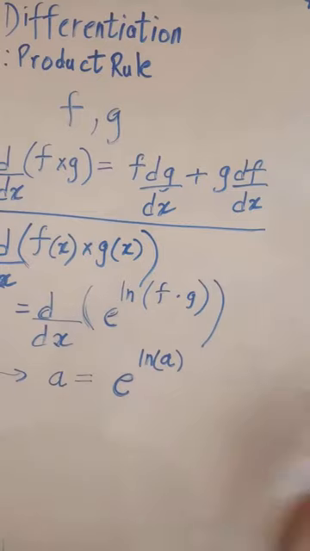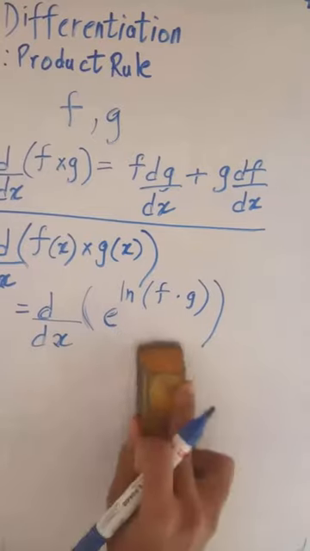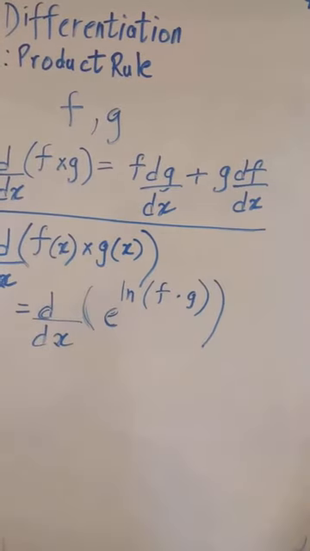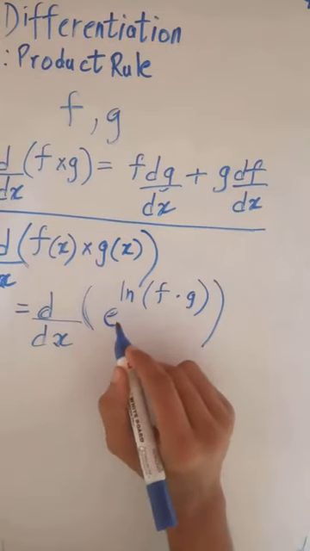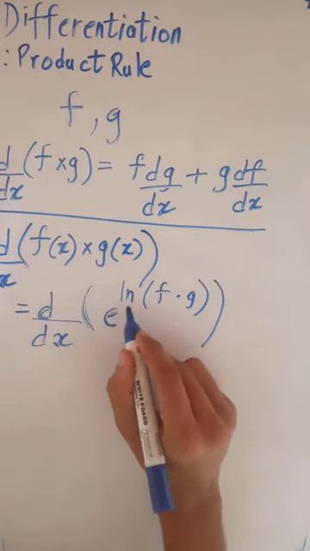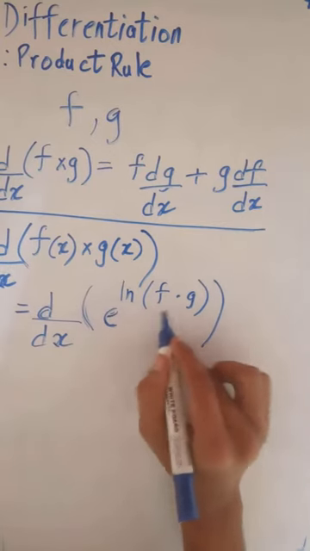And so this is an identity always. So because this is true, I'm going to rewrite this function, the product of these functions actually, as the exponential function raised to the natural log of the product.